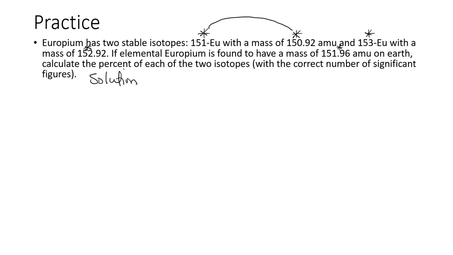So we do the same thing. So I'll say for this one, the ratio for this will be X, ratio for this will be Y. So I'll just say 150.92X plus 152.92Y is equal to 151.96.